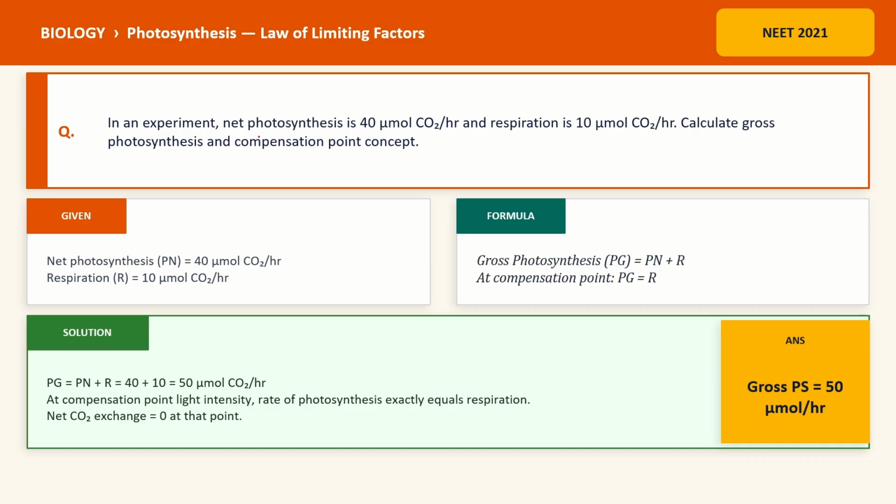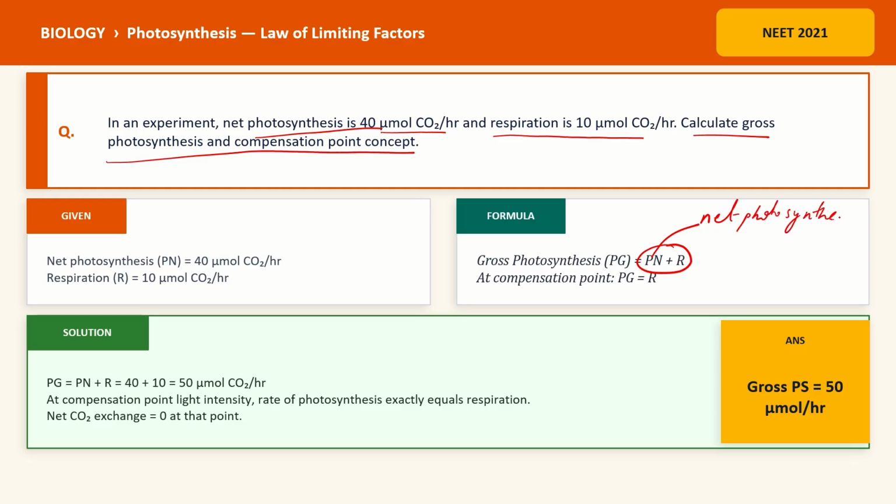In an experiment, net photosynthesis is 40 millimole per hour and respiration is 10 millimole carbon dioxide per hour. Calculate the gross photosynthesis and explain the compensation point concept. Now, for gross photosynthesis, the formula is Pn plus R. Here Pn means net photosynthesis, and R is the respiration that is happening.